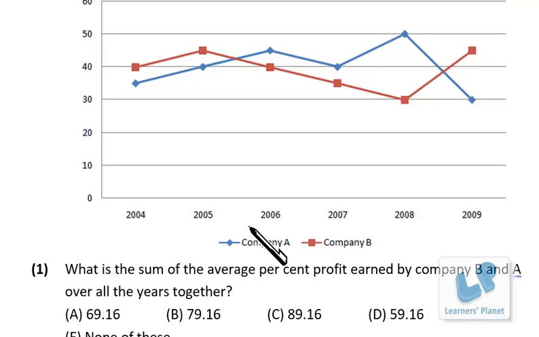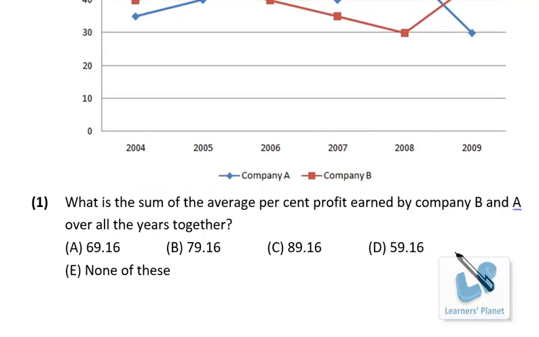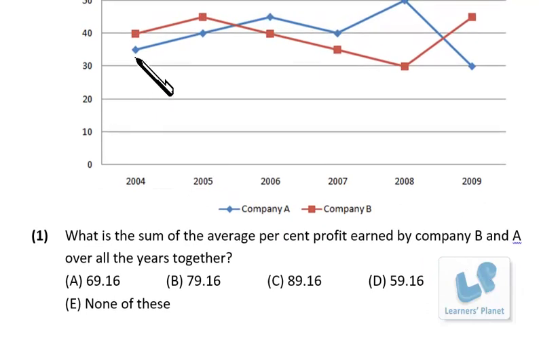So what I do, I take individual companies and add up, and I will go for the deviation method. I can assume the average of company A, the blue line, maybe it is 40. So I take the deviation from 40. So it is minus 5, 0, minus 5, plus 0, plus 5, plus 0, plus 10, and then minus 10.